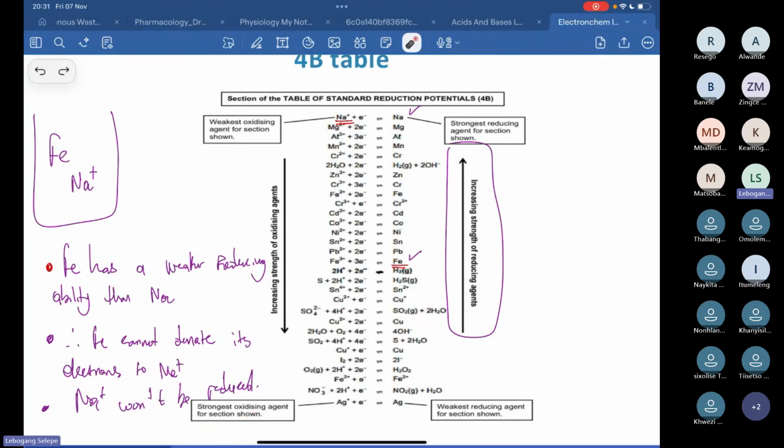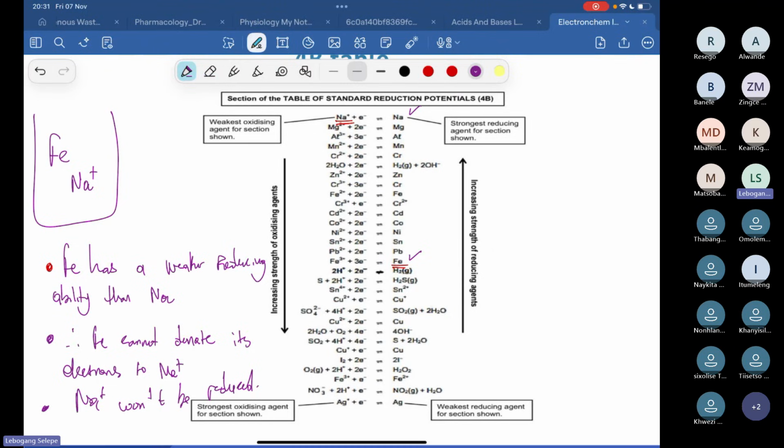Then they can still ask us to explain the same thing, but now using the strength of oxidizing agents, right? So I can alternatively say, I'm still answering the same question as to why Fe cannot donate its electrons to Na plus.